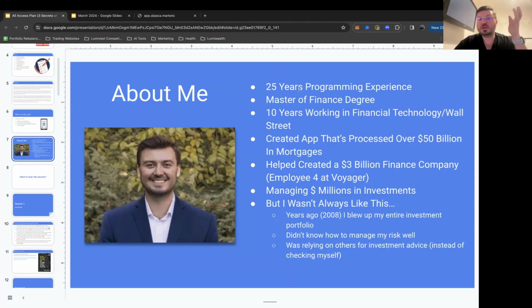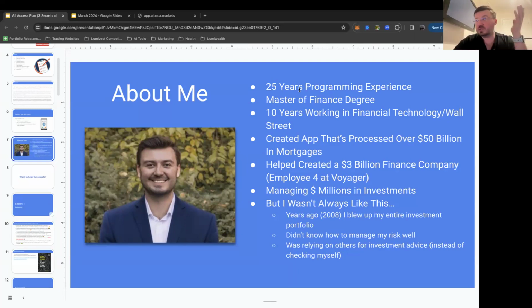I also helped create a company called Voyager. You might have heard of them. They're a cryptocurrency, not exchange, but brokerage used to be. I was employee number 4 there. We basically built this thing from scratch and built it up. I basically, again, helped hire the team, figure out how we need to structure this and all that sort of thing.